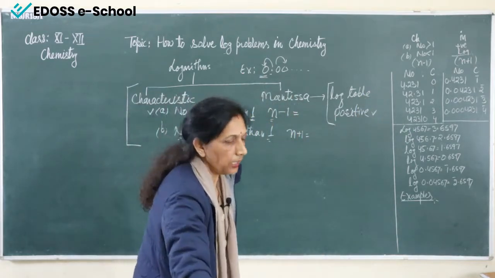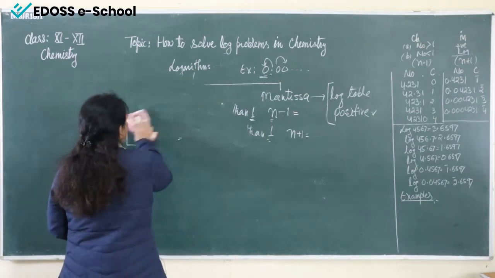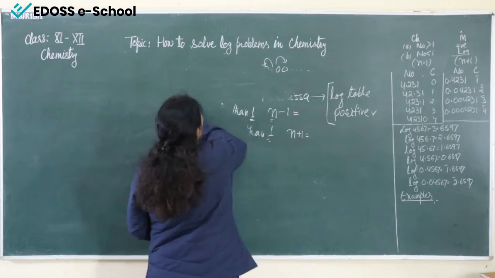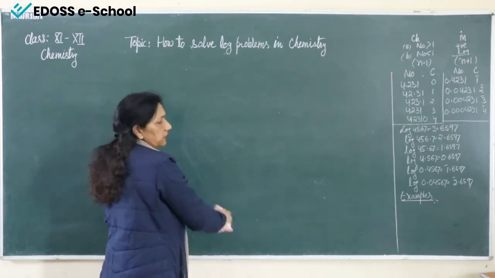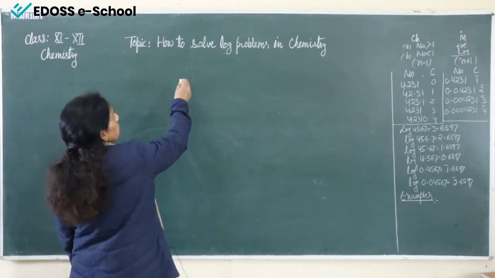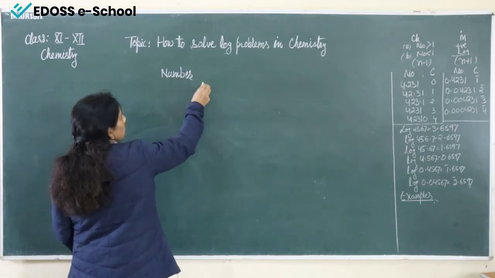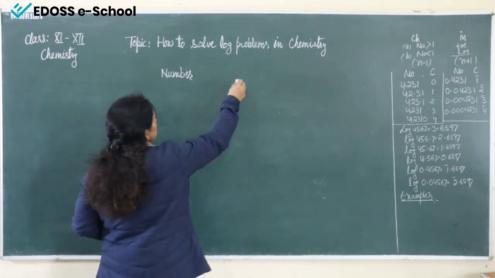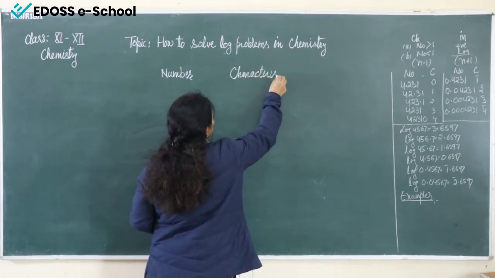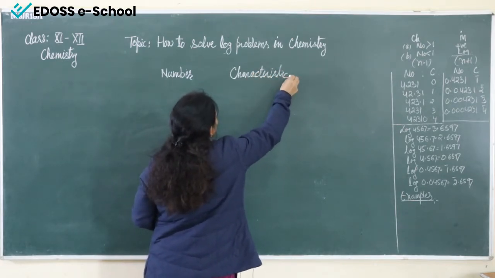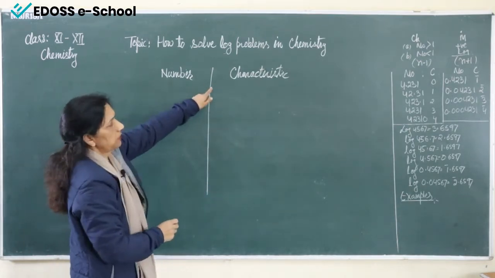Now let me explain all these things with the help of an example. Suppose this is the number and this is the characteristic.